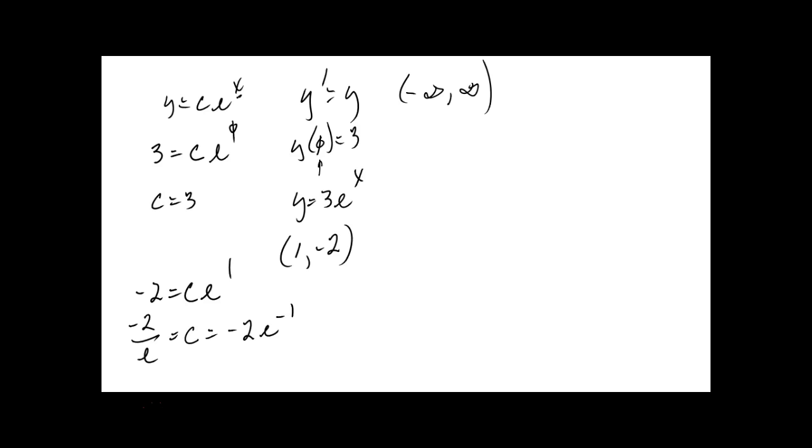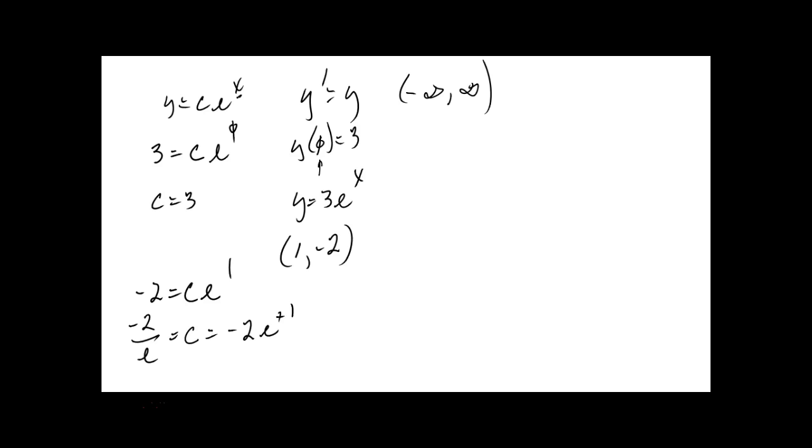E to the minus 1. I said that wrong. That's not a minus 1. Yes, a positive 1, sorry. I was wondering, where did that come from? No, it was a minus 1.